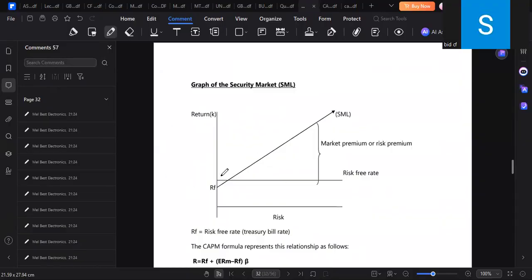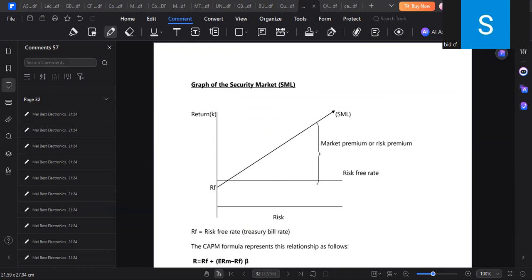So this CML line helps us to illustrate the relationship that exists between those two important things, because it helps to explain the relationship that exists between the return and beta.